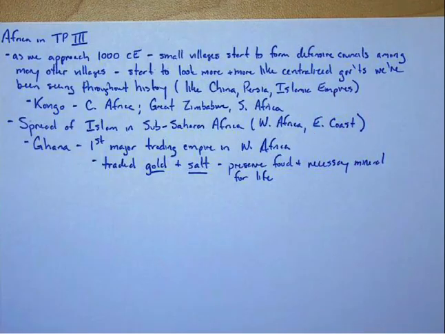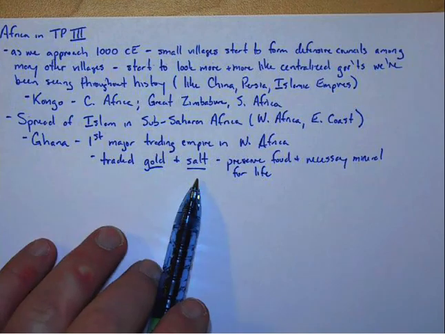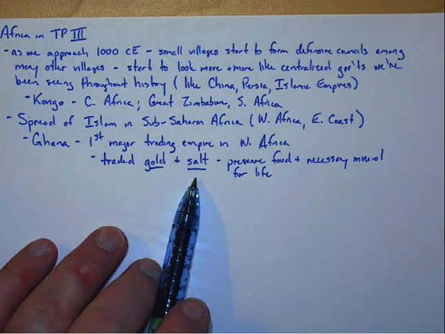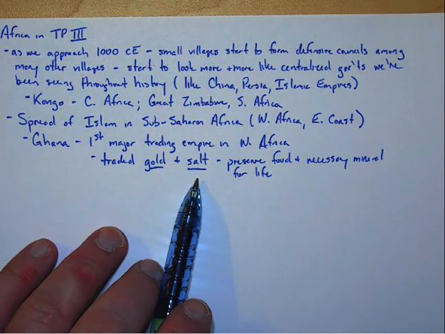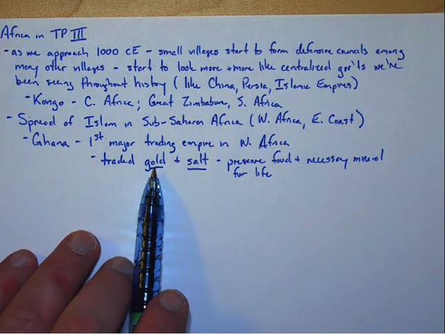So you actually need salt in order to live. In fact, salt was so sought after throughout, especially Europe, but in India and China too, that salt was actually more expensive than gold.